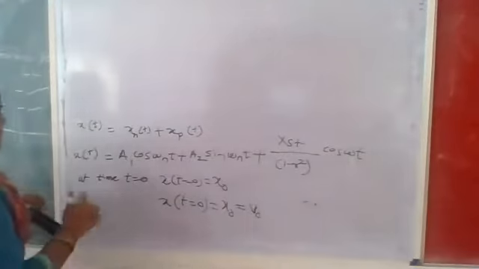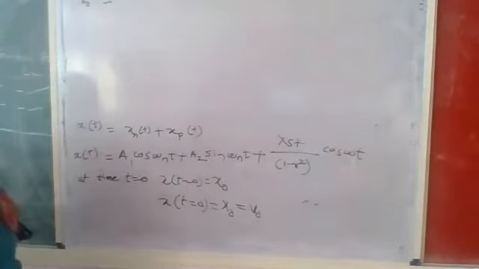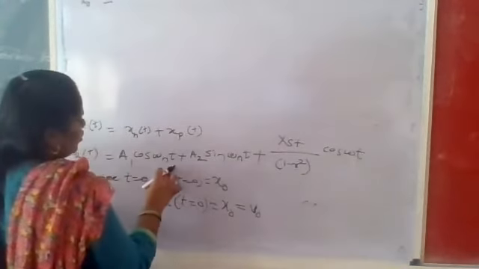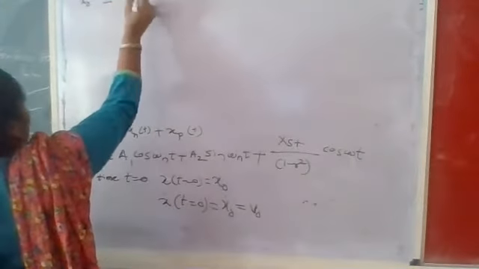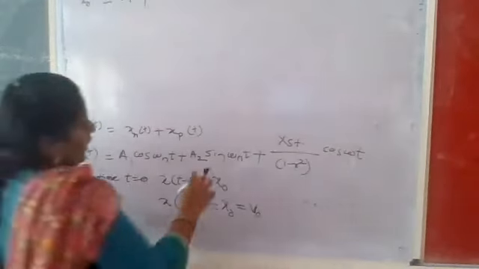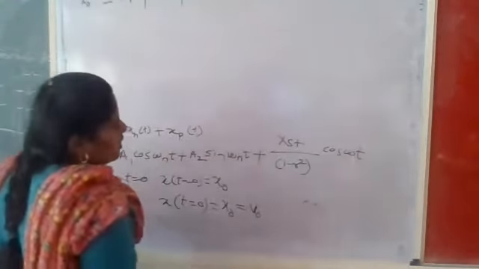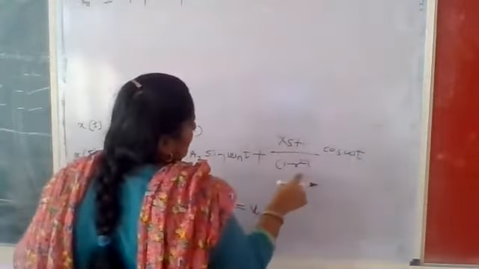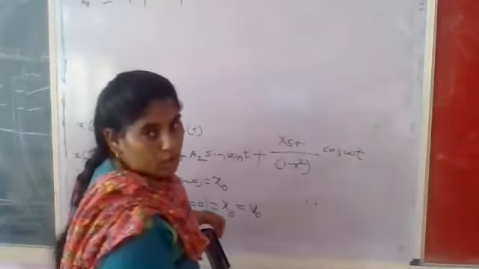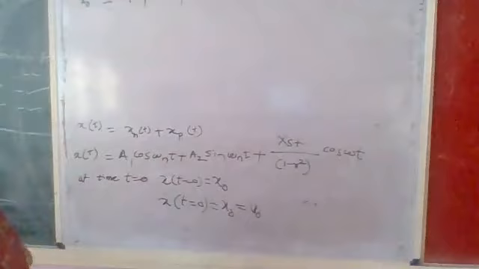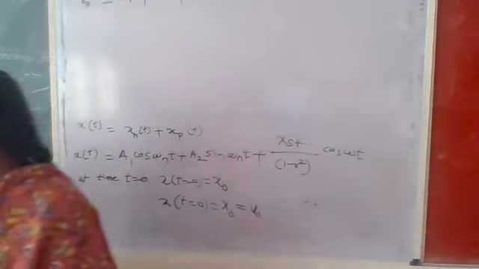What is the answer? x of t at time t is equal to 0 is equal to x naught, into a1 into cos 0, where cos 0 is 1. So that term is a1, plus there is a2 into sin 0, where sin 0 is 0, plus the remaining term. What remains here? x st divided by 1 minus r square into cos 0. Cos 0 is again 1. So the remaining term is x st divided by 1 minus r square.